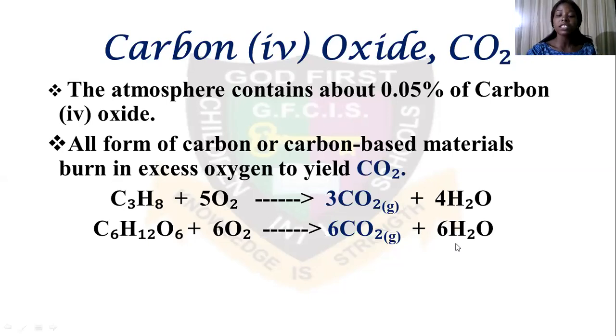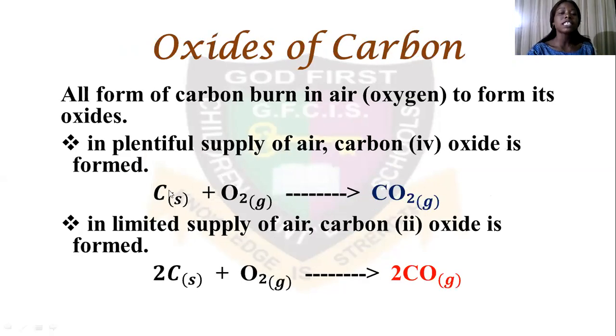Or like we said in the former one, this is a carbon substance. It could be in the form of diamond, graphite, or coke, or even charcoal. These are different forms, or even lamp black, that's soot. These forms of carbon burn in a sufficient amount of oxygen to give us carbon 4 oxide.